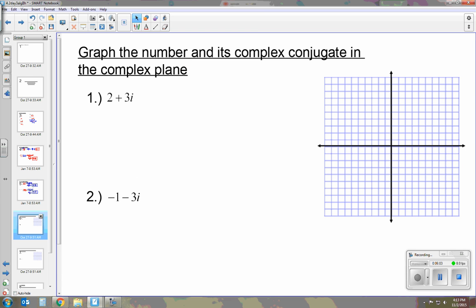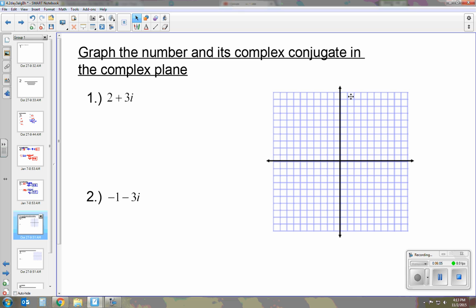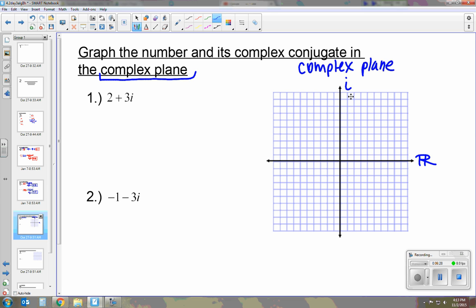Now, when we have a complex number, we can't graph on the regular xy plane because we have an imaginary number, but we do have a complex plane. And this is our complex plane. On the horizontal axis, we have real numbers, and on the vertical axis, we have imaginary numbers.